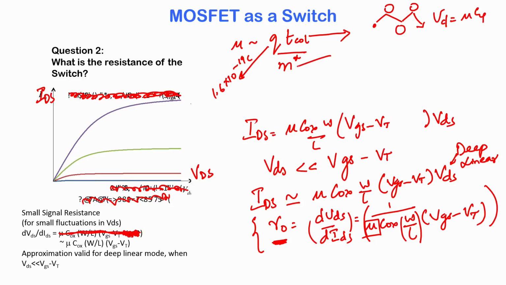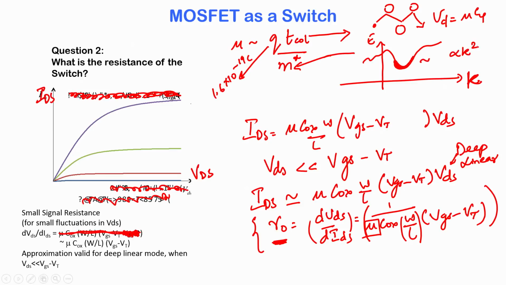What is the effective mass? The effective mass is dependent on the shape of your E-k diagram. You have energy, you have momentum or the k space, and let us say you have your E-k diagram. Let us say that is the conduction band edge. We saw that the valley of this conduction band edge can be approximated as a parabola. And why can it be approximated as a parabola?